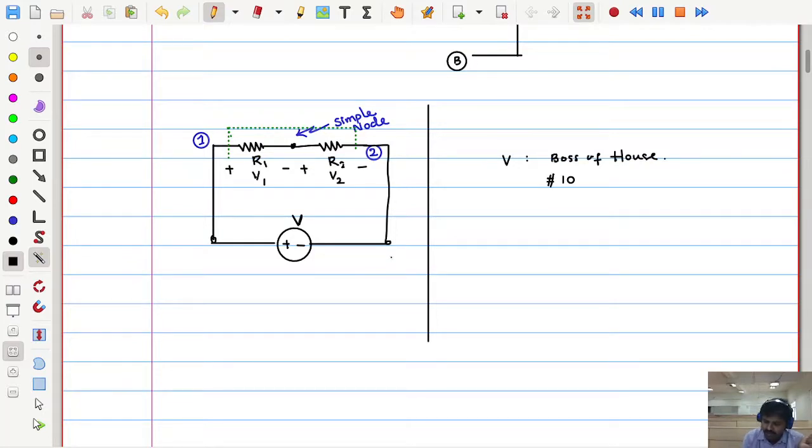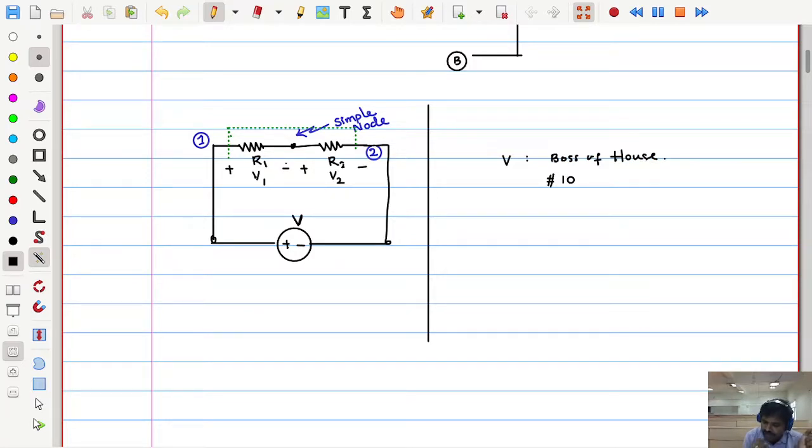Now he would like to give those to his family members, like you and your brother or sister. One person is R1, the other person is R2. You might be R1, your brother might be R2. Now he has to share these 10 among these two persons.